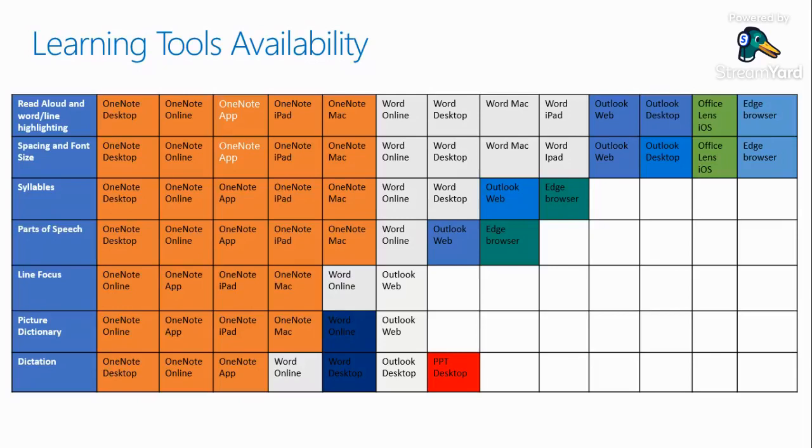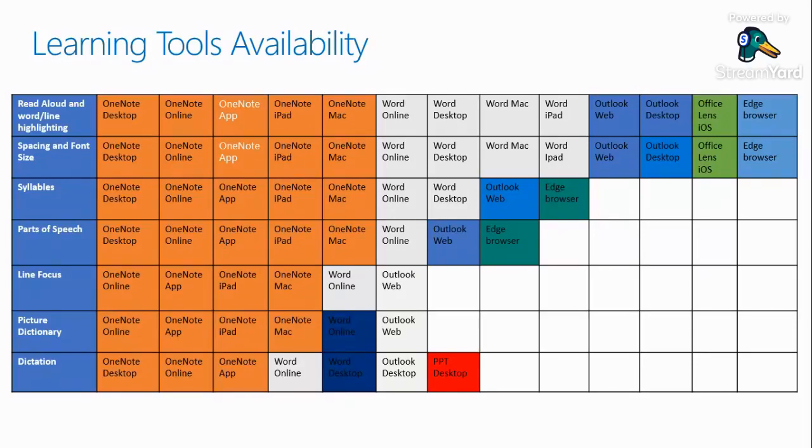So dictation, you can use it on most OneNote and Word and Outlook. For dictation, it's only available for PowerPoint desktop, not online. So for picture dictionary, it's only available for OneNote, Word Online, and Outlook Web. For parts of speech, mostly OneNote and Word, and then Edge browser.